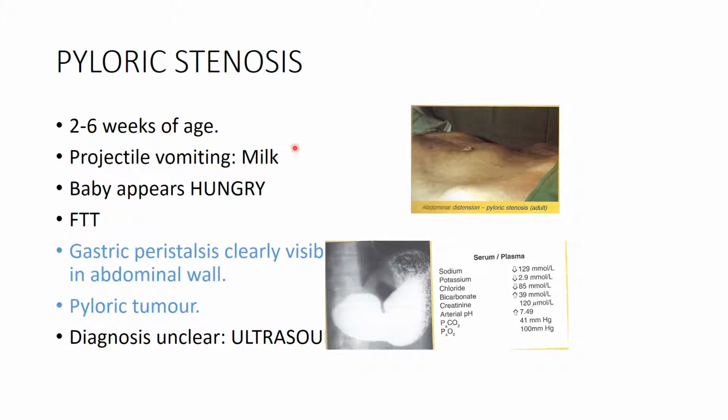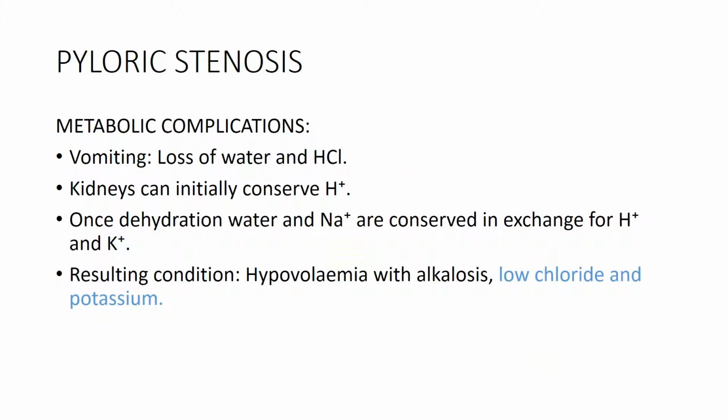Then we have pyloric stenosis. Metabolic complications are vomiting, loss of water and HCl, and the kidneys can initially conserve H+.